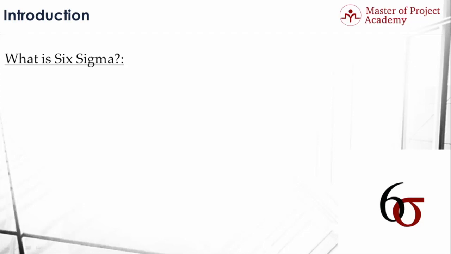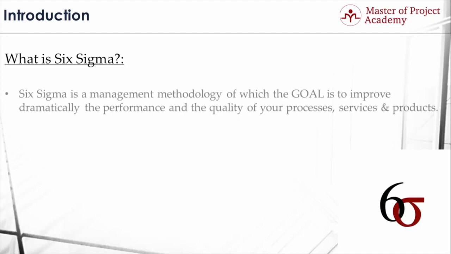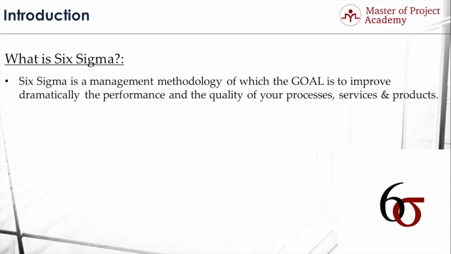We have seen in our previous lecture the description of the sigma, but what is Six Sigma? Now, let's talk about the salient features of Six Sigma. Six Sigma is a rigorous and highly disciplined business improvement process adopted by companies to help focus on developing and delivering near-perfect products and services.